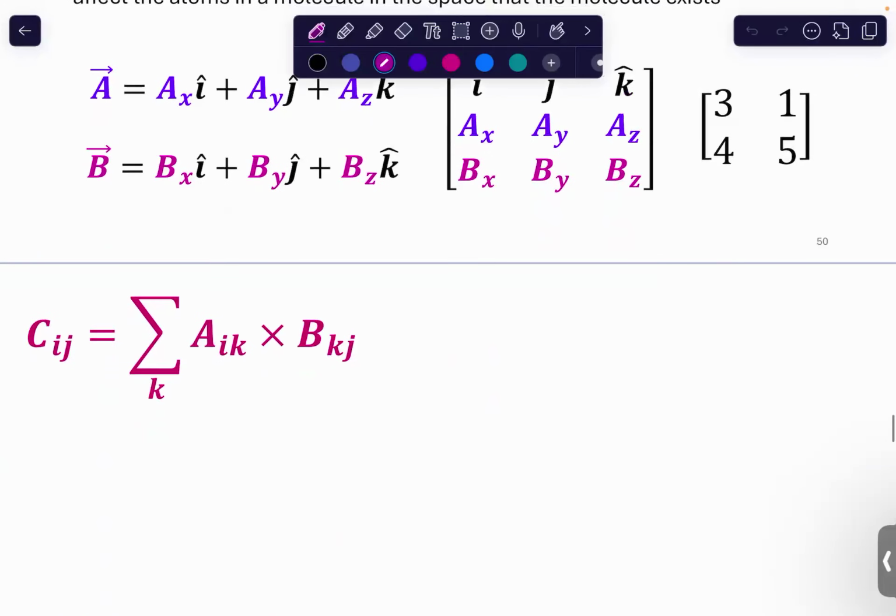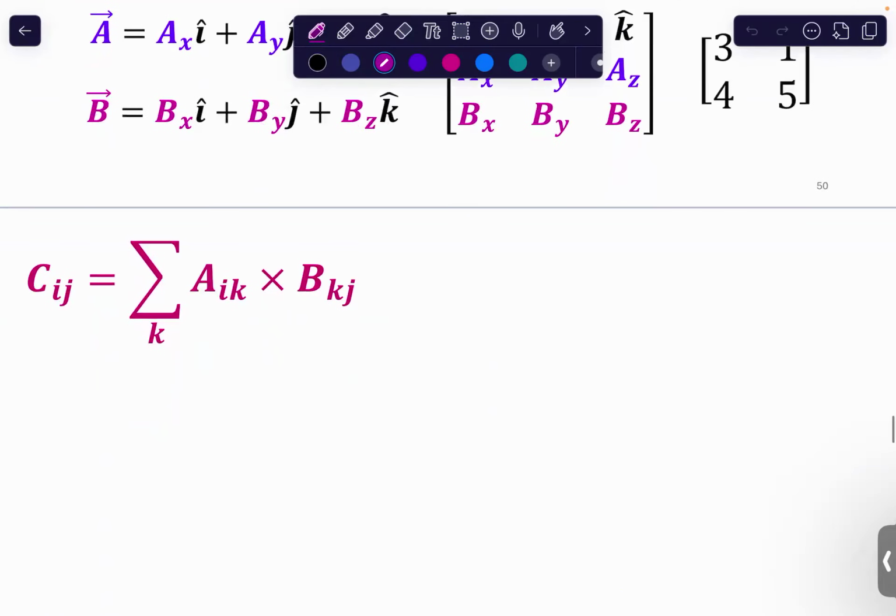Okay, so we were talking about matrix multiplication. Were you able to start to make sense of this equation? I think I can probably figure it out. So we're just going to go back to this example. We're going to multiply.